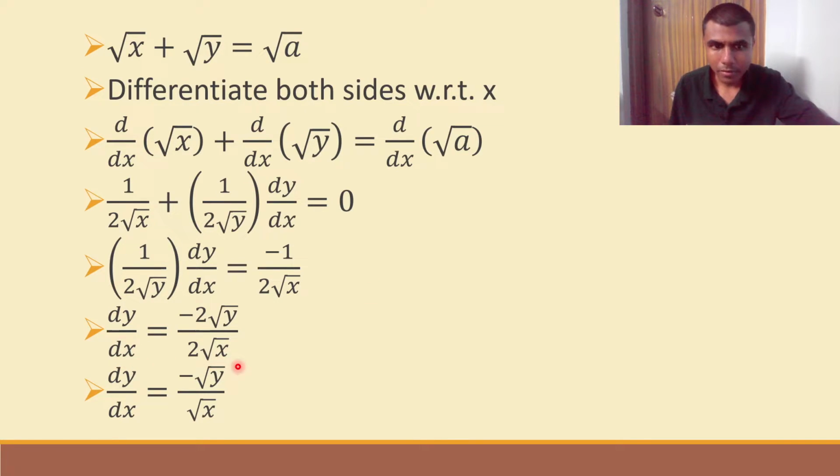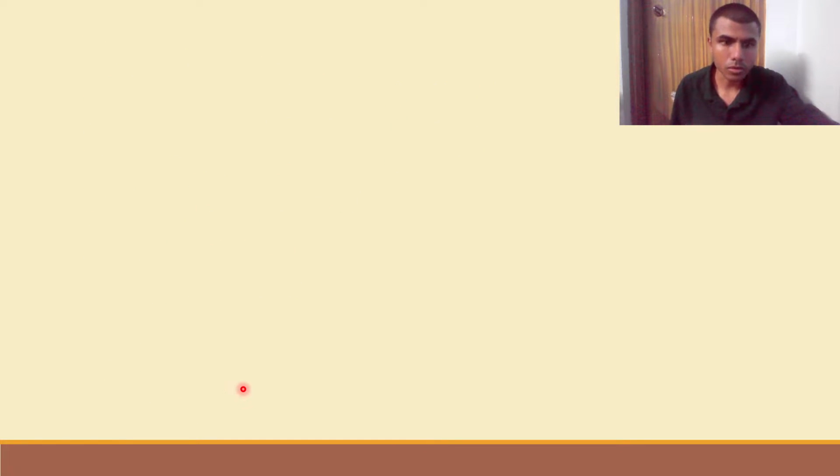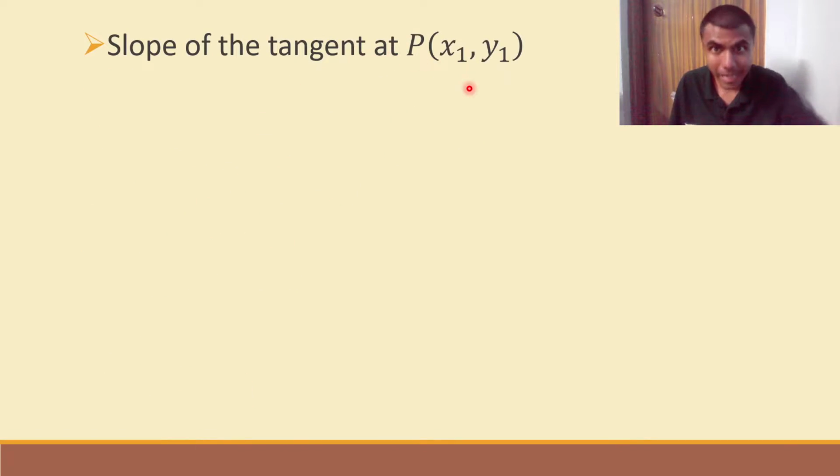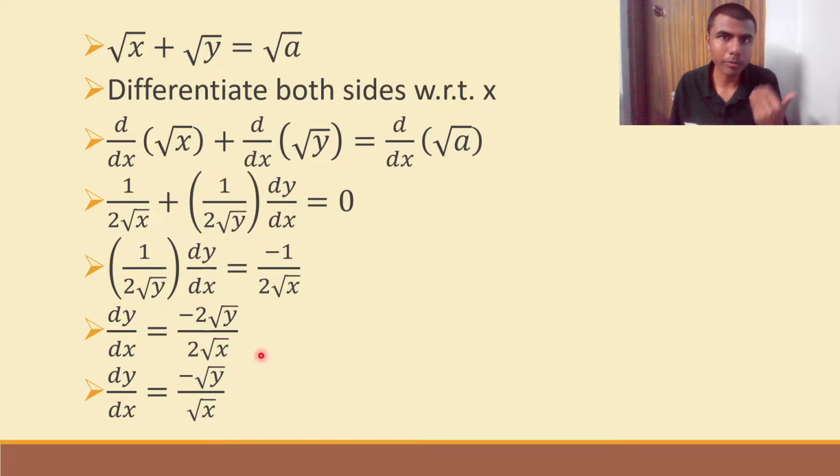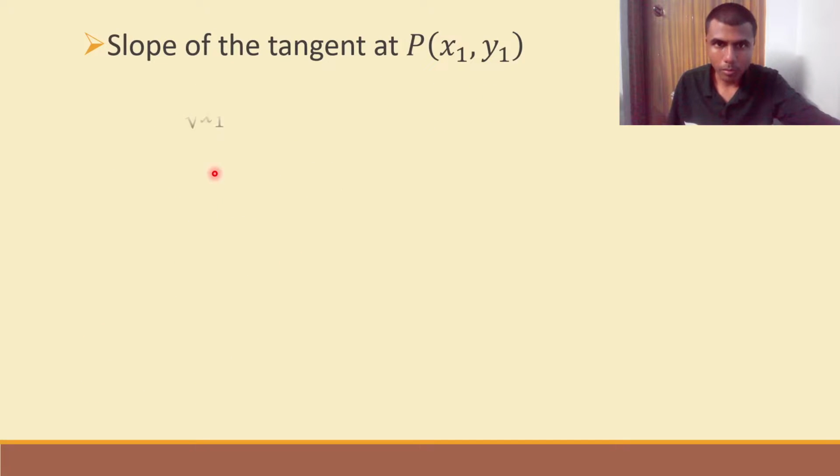Slope in general is minus root y by root x, but my point is x1, y1. So the slope of tangent at P(x1, y1) is m equal to minus root y1 by root x1. In place of x put x1 and in place of y put y1. So I get this slope.